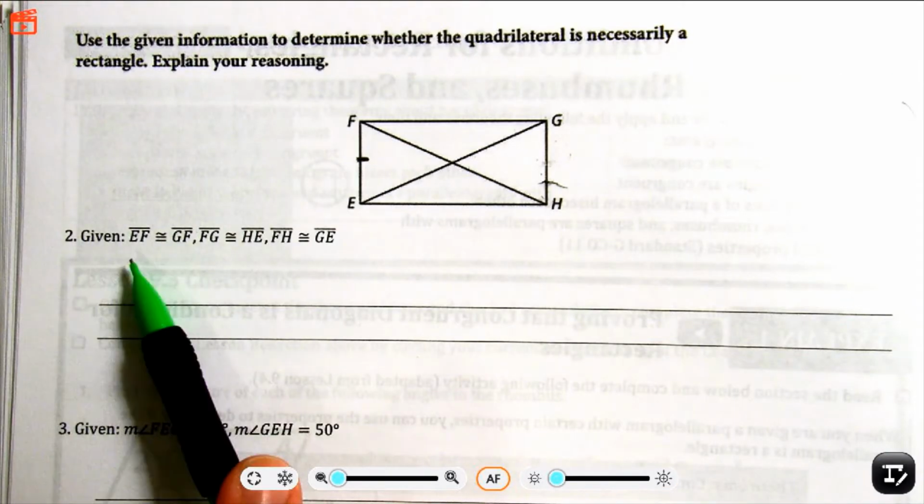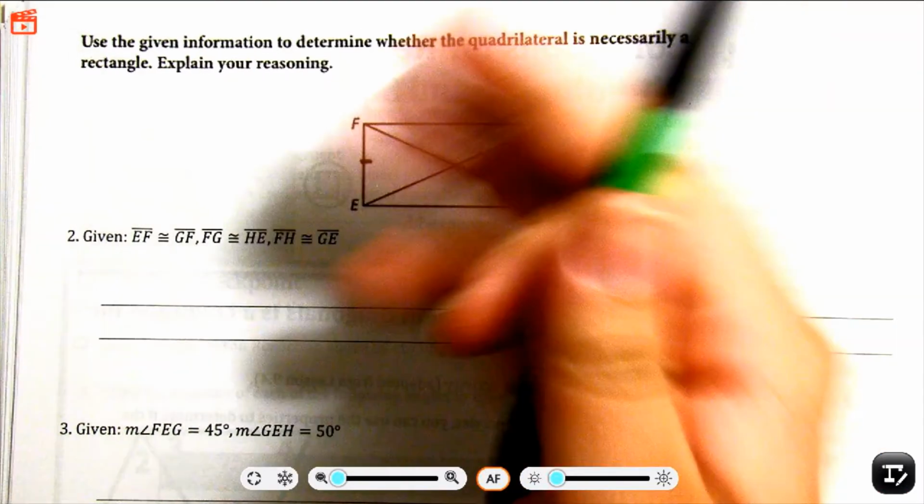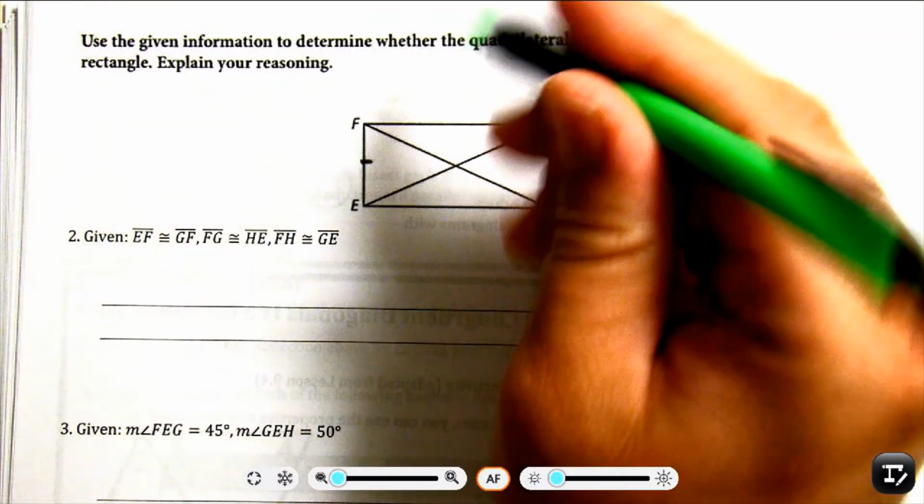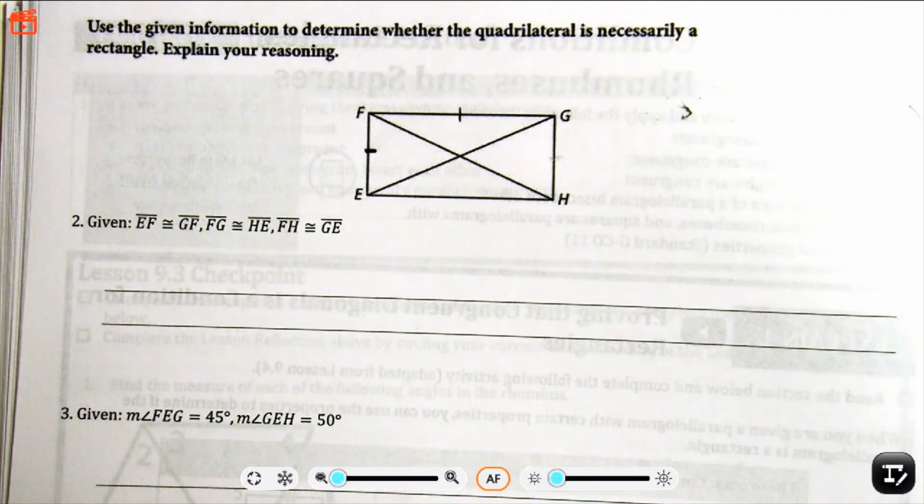Actually, EF is congruent to GF is here. FG is congruent to HE.